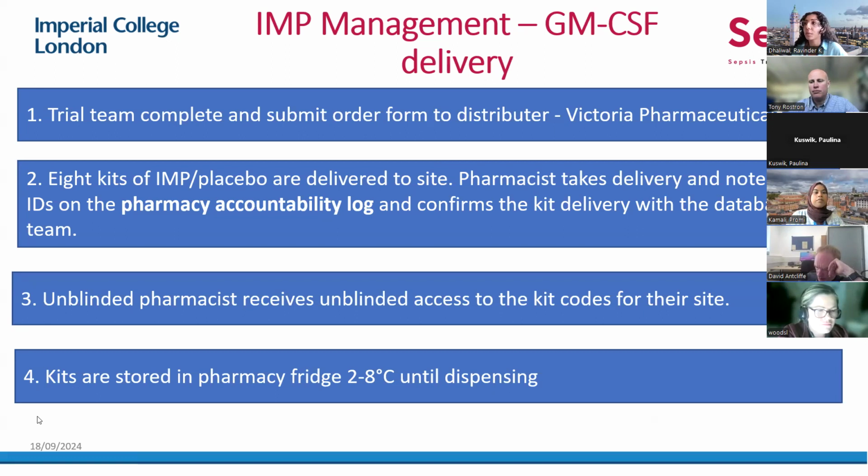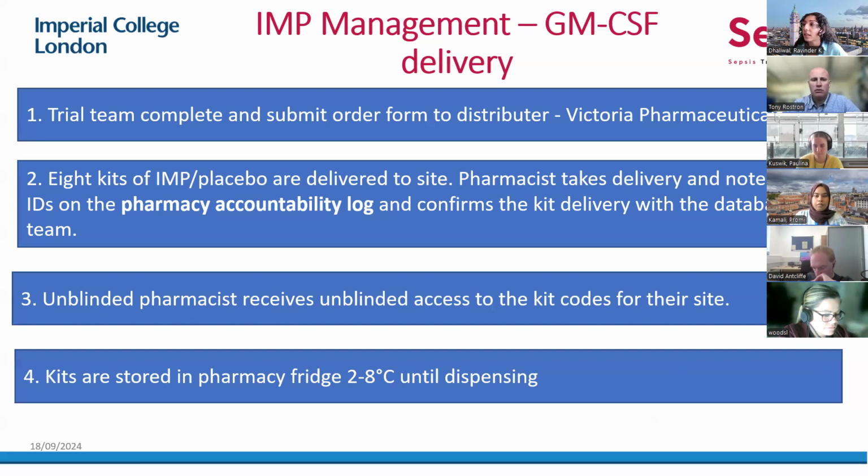But just to go over it briefly, the trial teams, this is the SepTiC trial management team, we complete and submit all IMP orders to our distributor, which is Victoria Pharmaceuticals. In your first shipment of IMP, your site will receive 8 kits, which will include equal amounts of IMP and placebo. This will be delivered to the trials pharmacy.